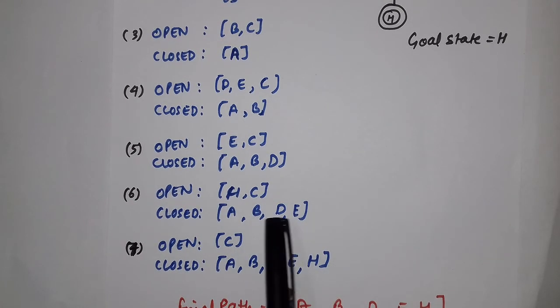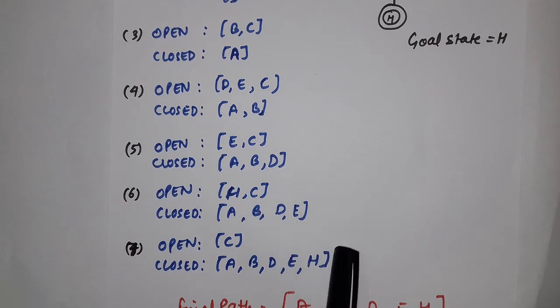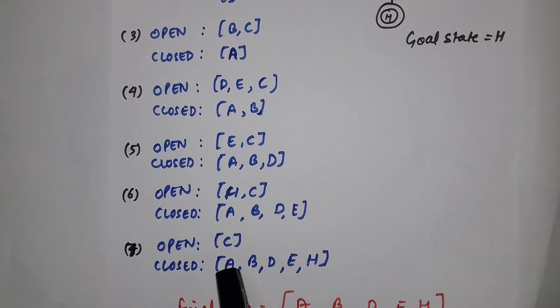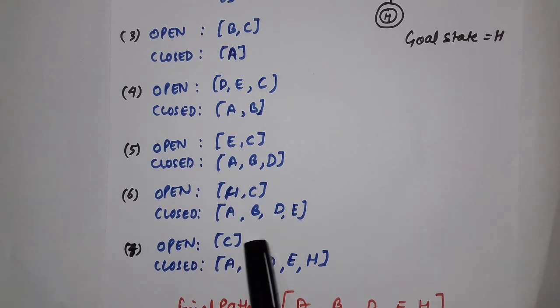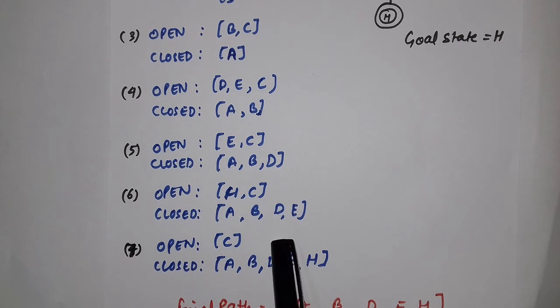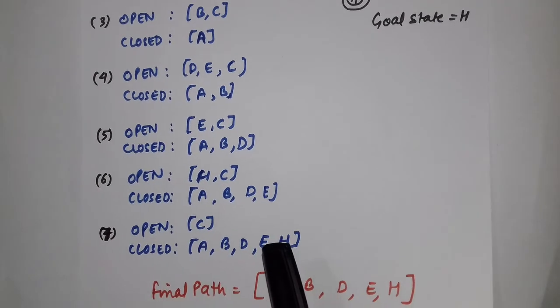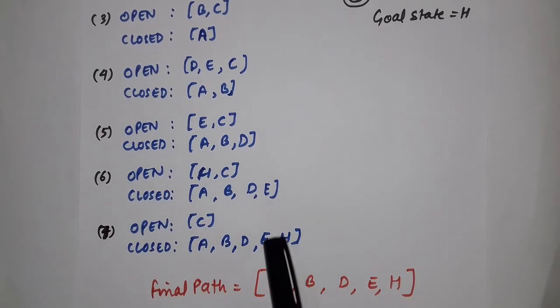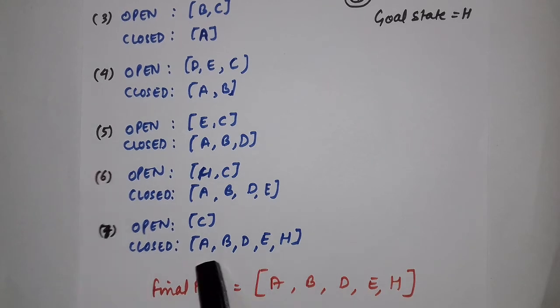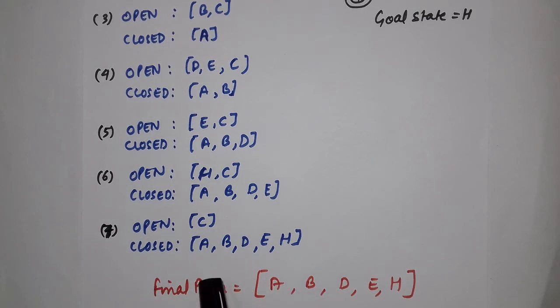H is transferred after A, B, D, E, and after that C is the only element which is remaining here, but we don't have to traverse C any further, because we have to reach the goal state H, and we have already reached the state H. So now the H element is present in the closed list, so this is the final path, the final path from the starting element to the goal state. A was the starting element, A, B, D, E, H is the final path. I hope this algorithm is clear to you.